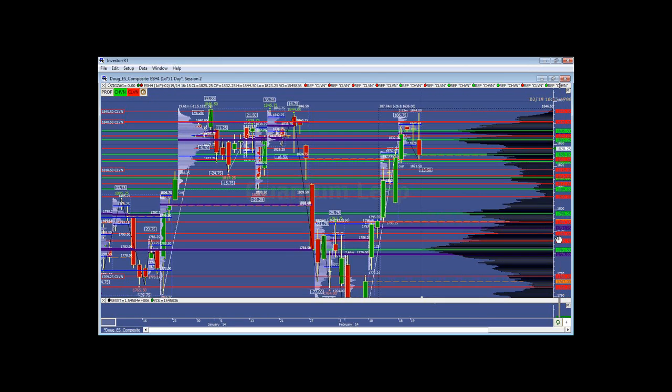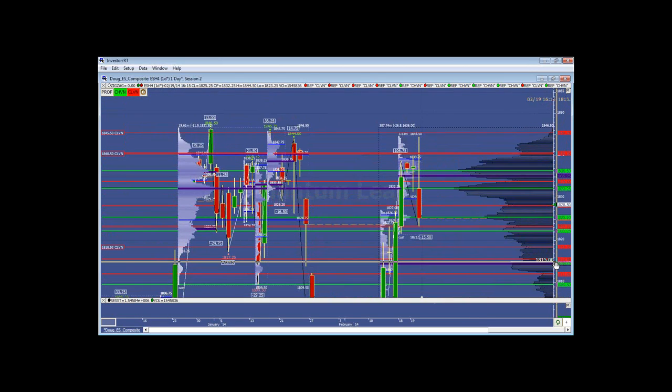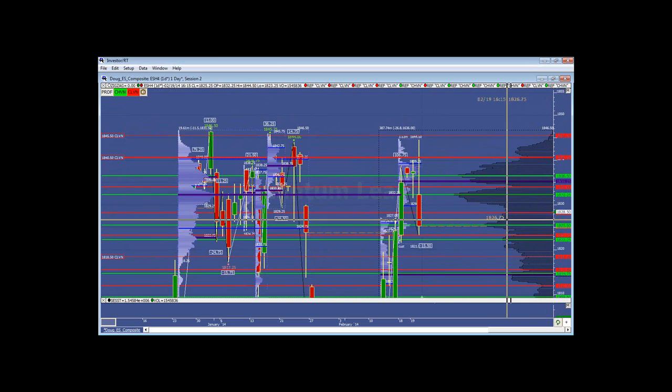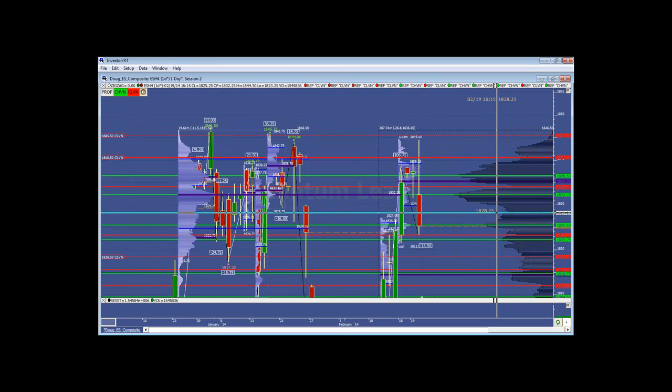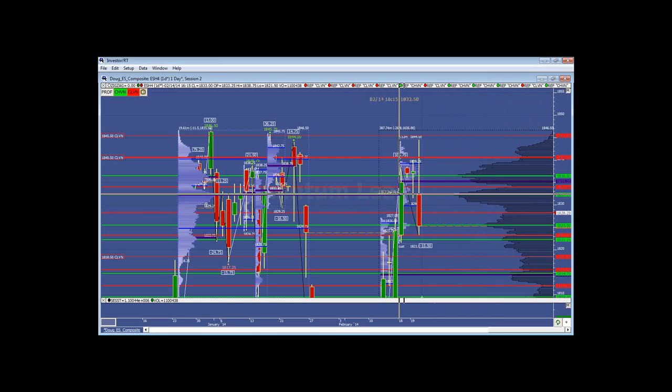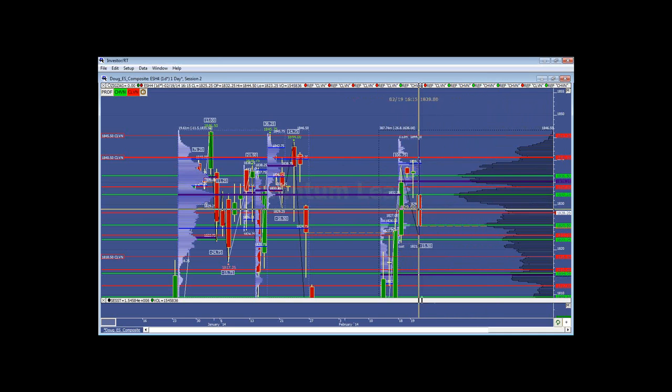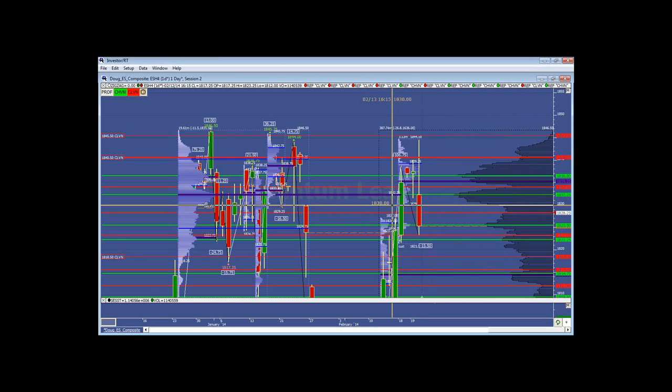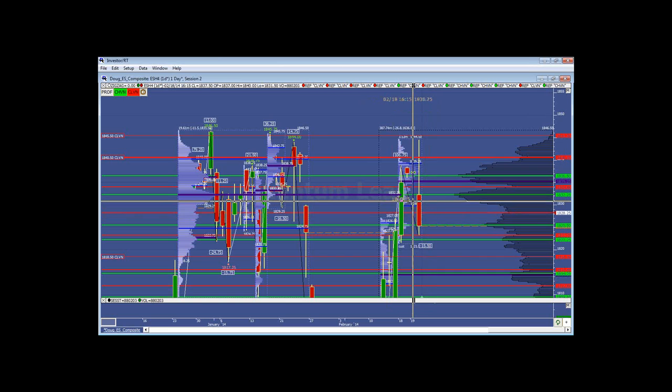So if you look at this in terms of the composite, we've moved up a little bit more now, so we're trying to get above this 18.28.25. If we can hold above 18.28.25, I'd be looking for a rotation up to test the value area low of the 4-day microcomposite, which is right here at 18.29.75.